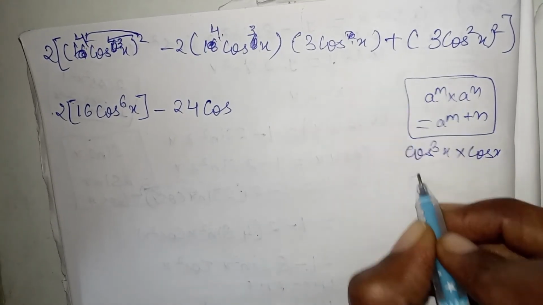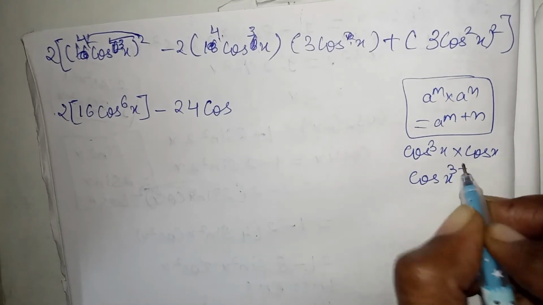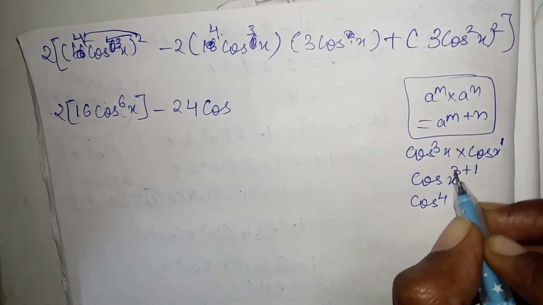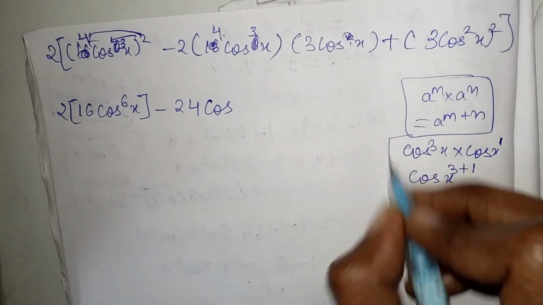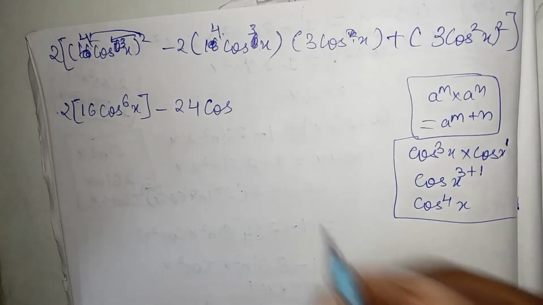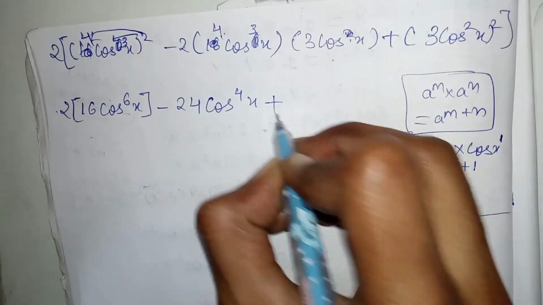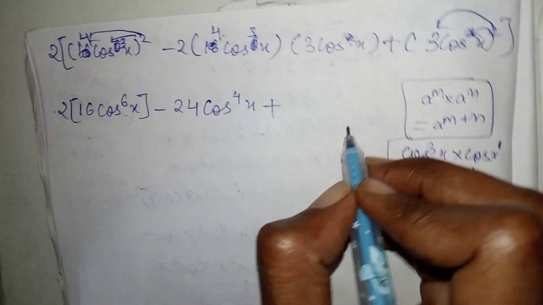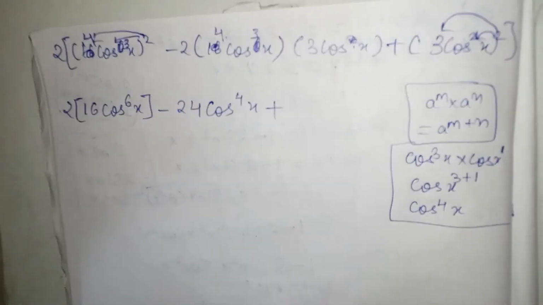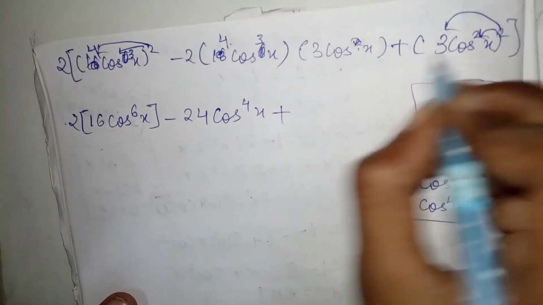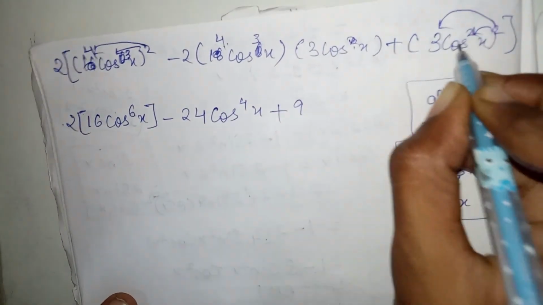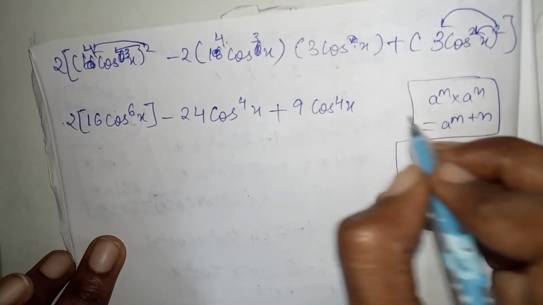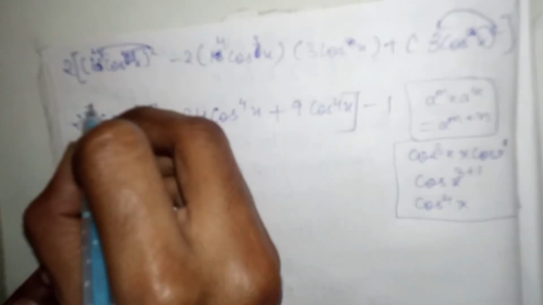We just have to add the powers. 3 plus 1, here the power is cos power 4x. Then this 2 belongs to 3, and for this also. 3 square is 9 cos power 4x, and minus 1 as it is.